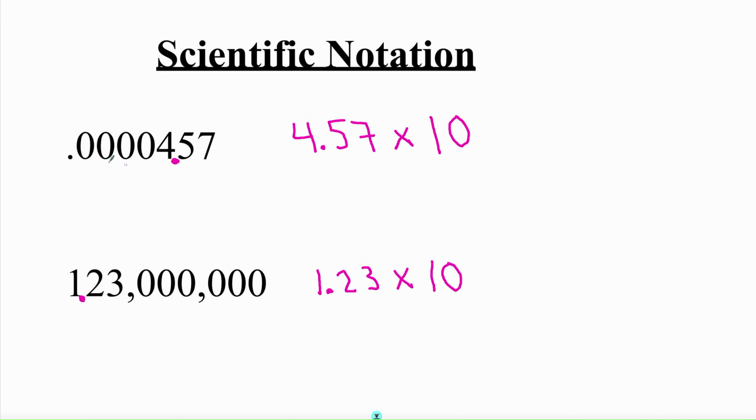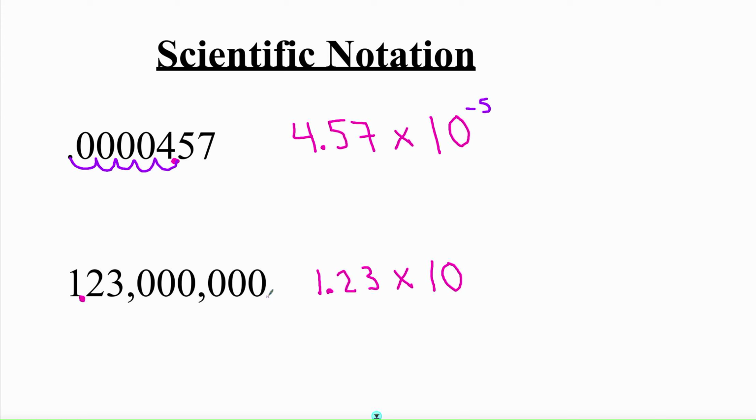So I count how many times I had to move the decimal. So I moved this decimal 1, 2, 3, 4, 5 times. And I moved the decimal 5 times to the right. I made this number bigger. So that's going to be times 10 to the -5th.